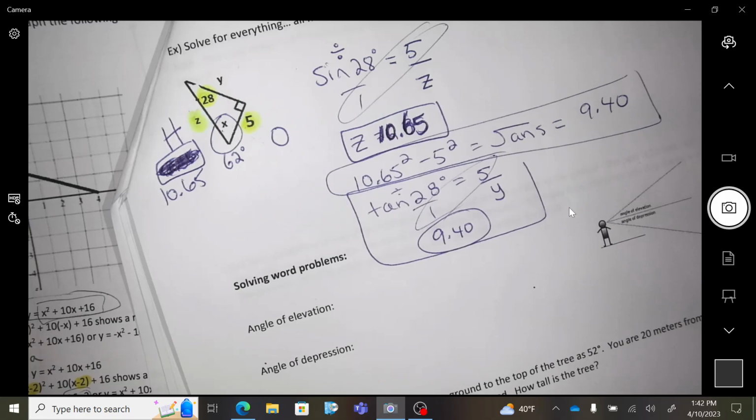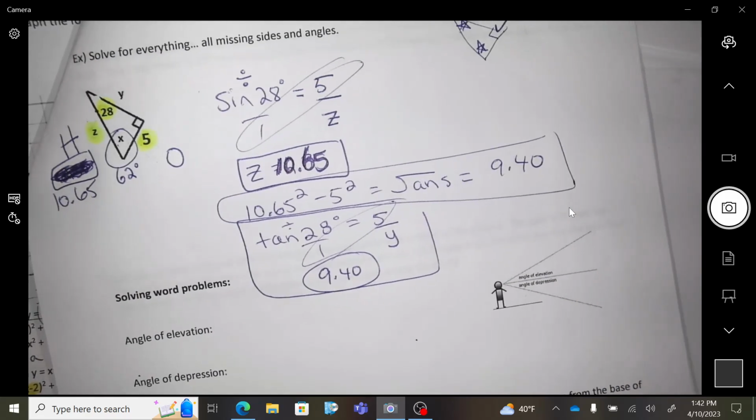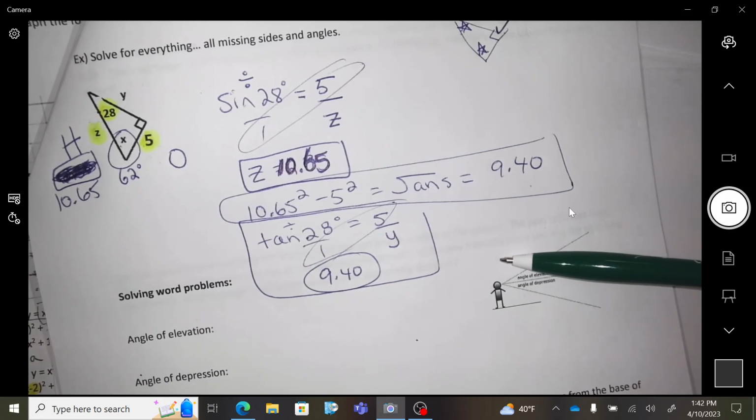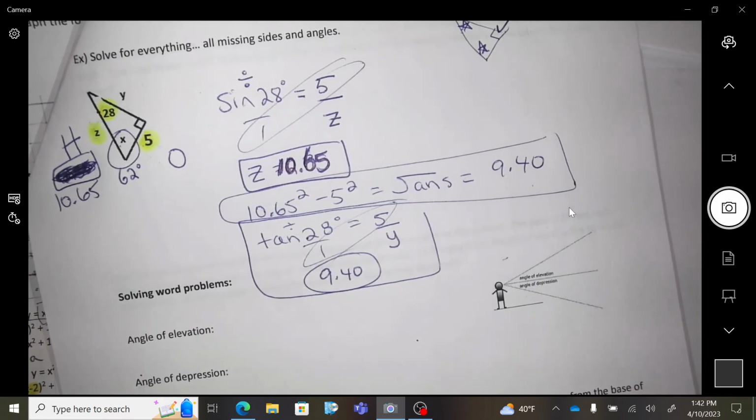Okay, I just did it with a Pythagorean theorem, and I just did it with a SOHCAHTOA ratio, and it didn't matter. They both got me to the same thing. Okay?